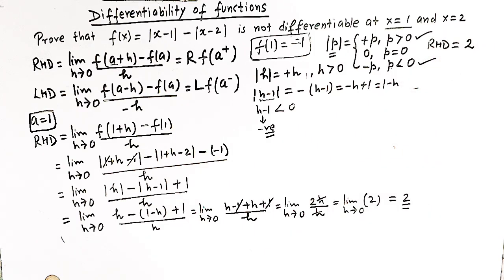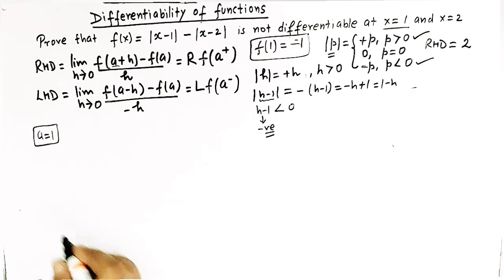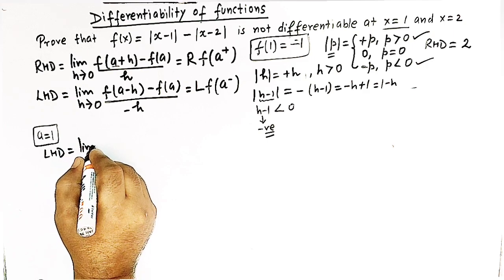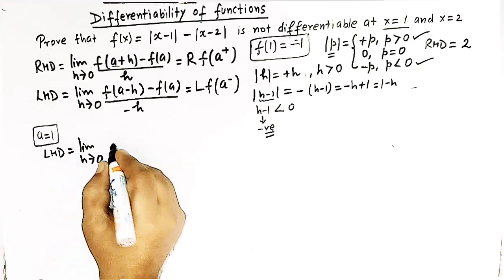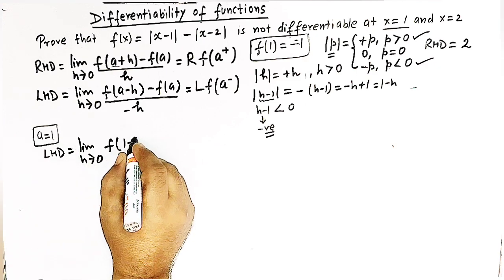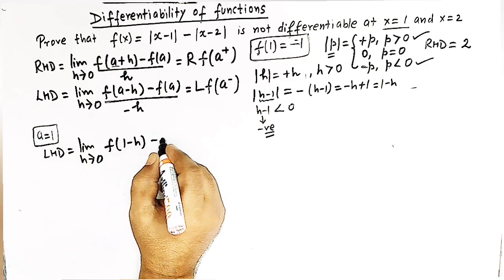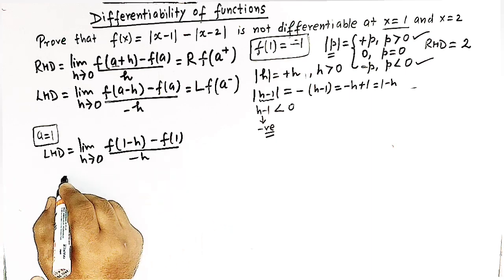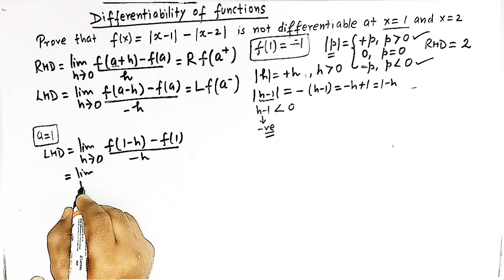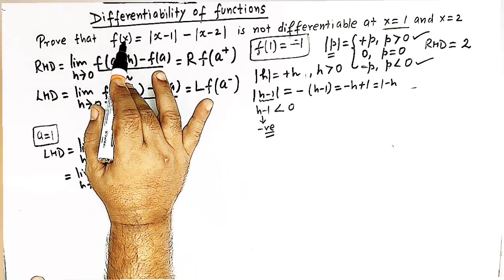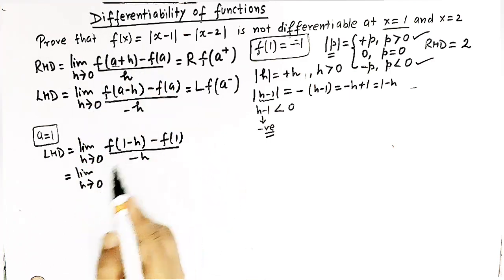Now let us find out the left hand derivative. So now the left hand derivative is given by limit h tends to 0, f of 1 minus h minus f of 1, divided by minus h. So we can now write limit h tends to 0. F of 1 minus h can be obtained by replacing x by 1 minus h.